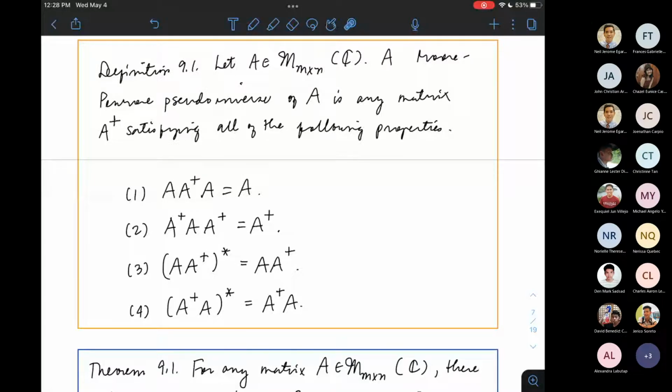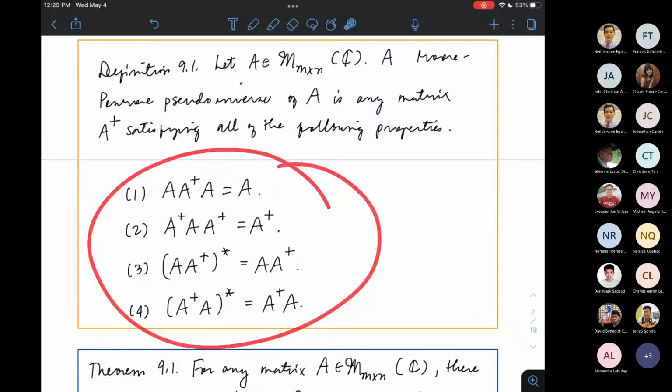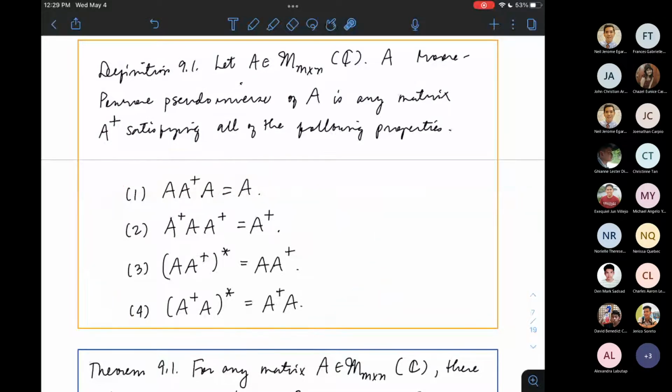So when we say that the pseudo-inverse of a matrix A is the matrix A plus, okay, A plus yung notation sa pseudo-inverse, siya yung kahit anong matrix na nakakasatisfy ng apat na properties na ito. Okay.